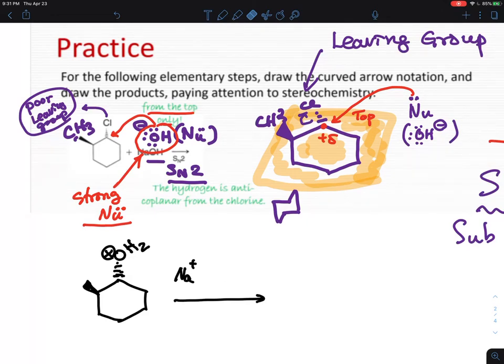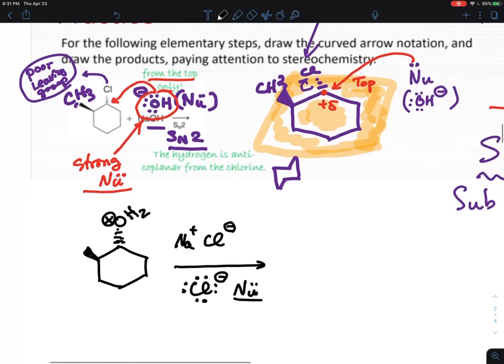So why don't I do the sodium chloride? This time you are making the chloride ion your nucleophile, but this time it is a weak nucleophile.